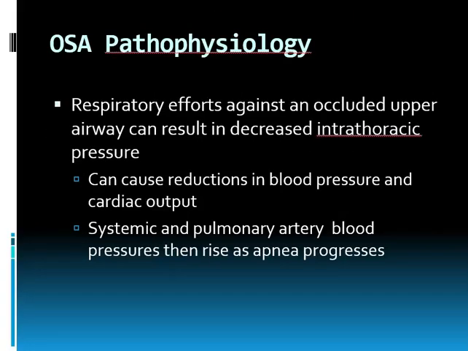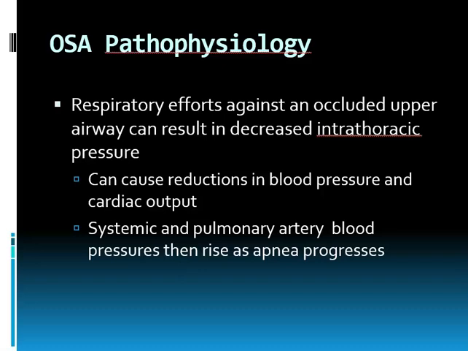So pathophysiology, what we want to look at is what's actually happening during the event itself. And so what happens is a person tries to breathe against an occluded airway, and that can change your intrathoracic pressures, which can play a major role in blood pressure, cardiac output. And so when you struggle to breathe against an occluded airway, by lowering the intrathoracic pressure, it can drop blood pressure, it can drop cardiac output.